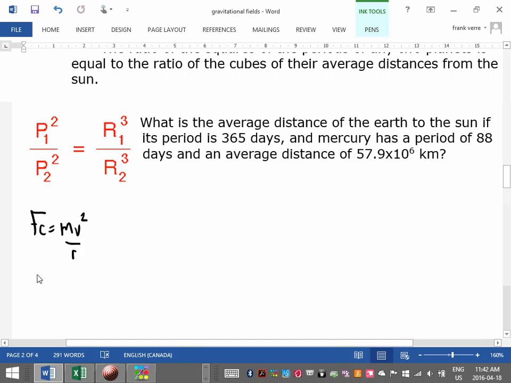And then we looked at the equation for gravity, which is big G m1 m2 over r squared. And then we were looking at things orbiting around the planet, like a geosynchronous orbit of a satellite. So we were looking at equating these two together, and we came up with a formula.